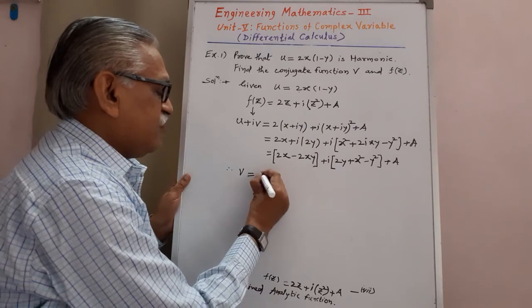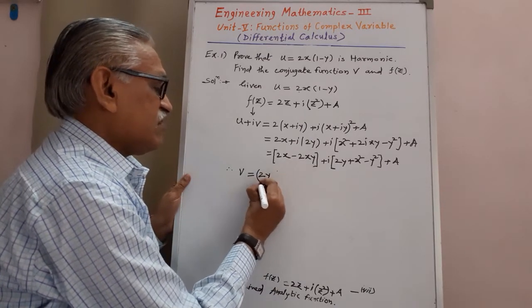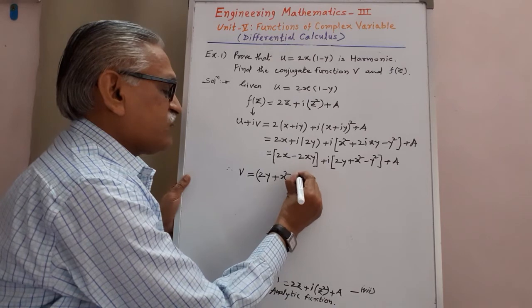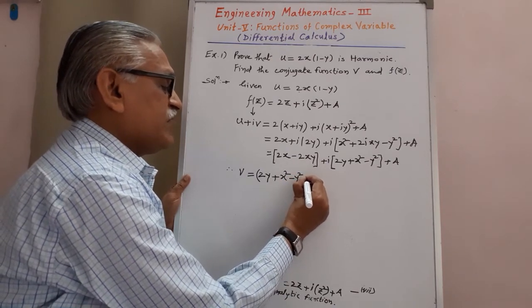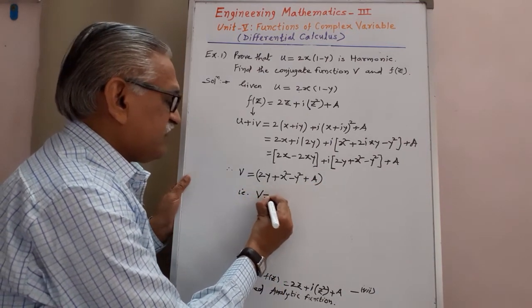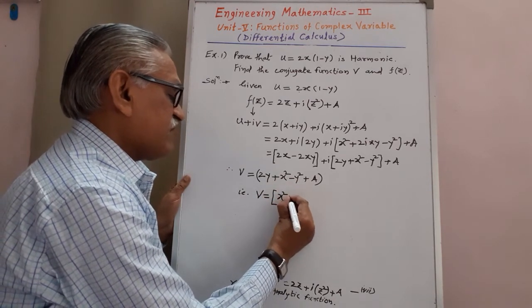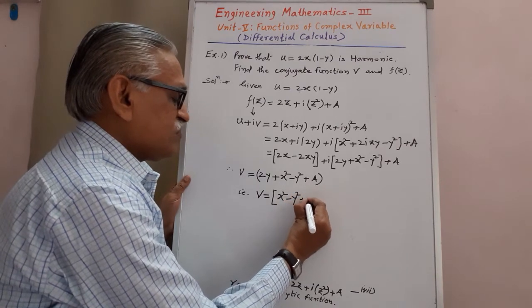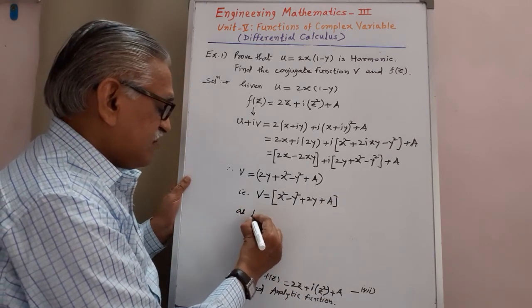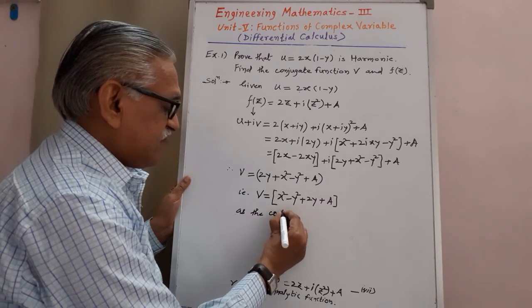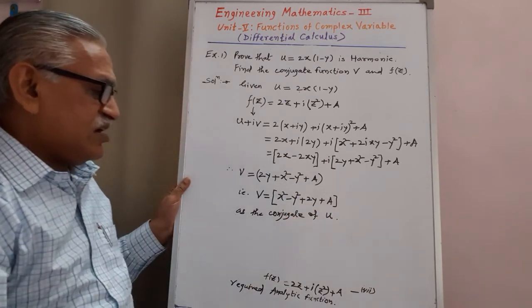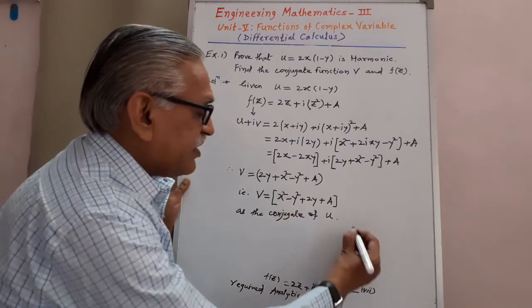We equate them, and therefore we have 2y plus x squared minus y squared plus that constant A. Or I can rewrite this as v equals x squared minus y squared plus 2y plus A, as the conjugate of u. Equation number next, that is 8.